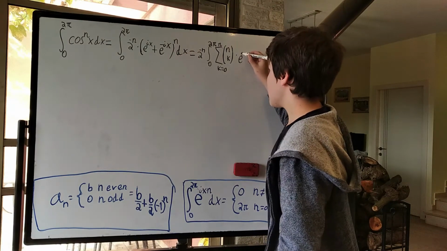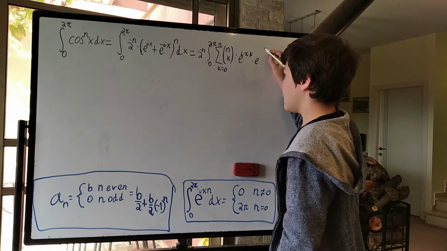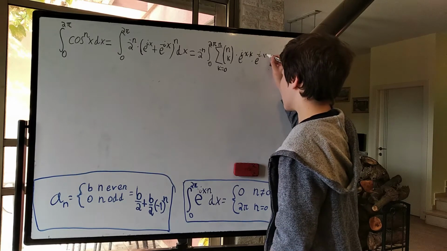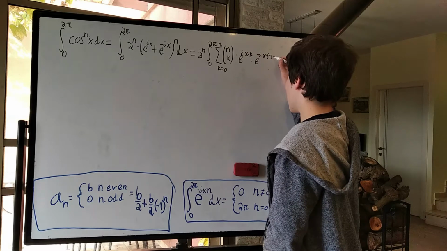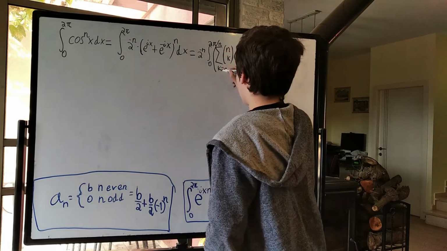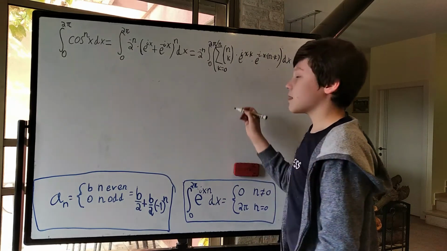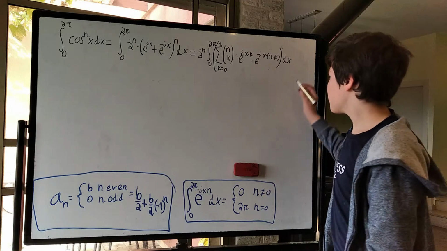So e to the i times x times k times e to the negative i times x times n minus k. And then this whole sum dx. The sum is still in the integral.